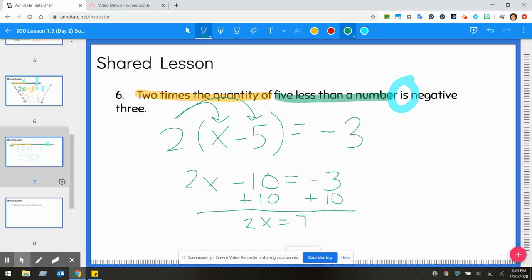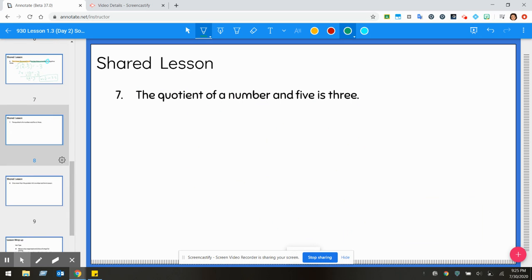Sorry, I'm running out of space. Divide by 2, divide by 2, I get x equals 7 halves, or 3.5. Nice job. Let's go ahead and move to example number 7.